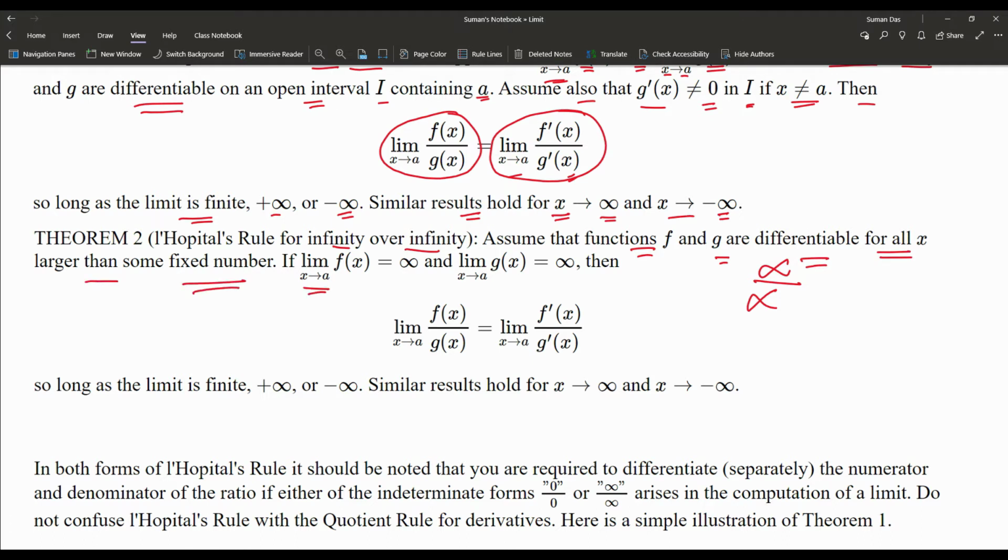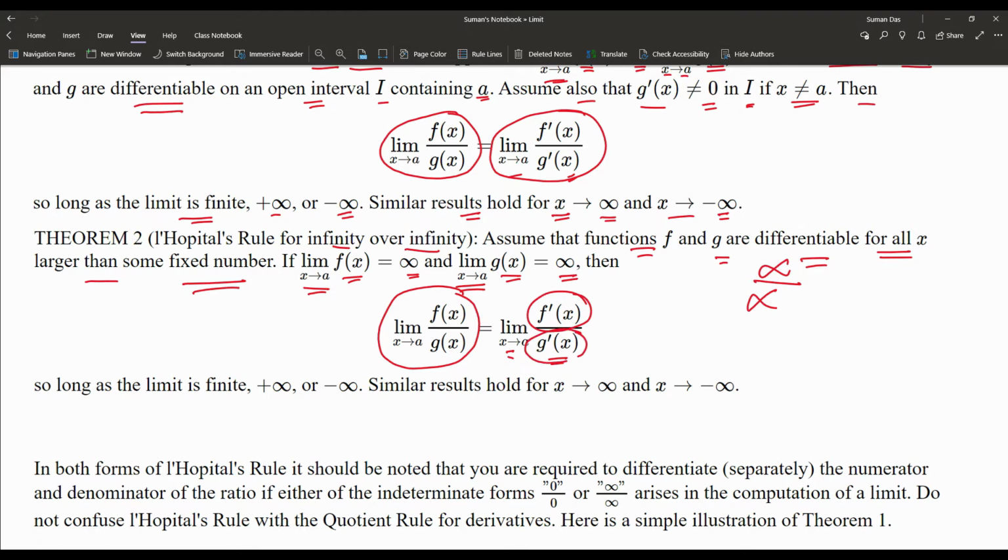If the limit as x approaches a of f(x) is equal to infinity and the limit as x approaches a of g(x) is also infinity, then the limit as x approaches a of f(x) by g(x) is also the limit as x approaches a of f dash x upon g dash x, the first order differentiation of f(x) and of g(x).